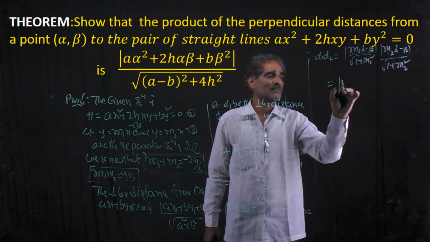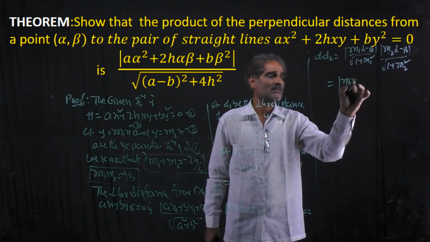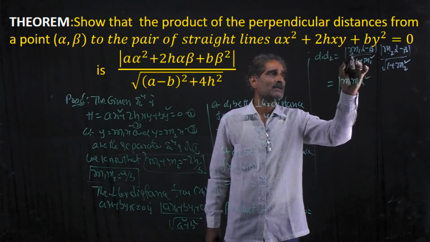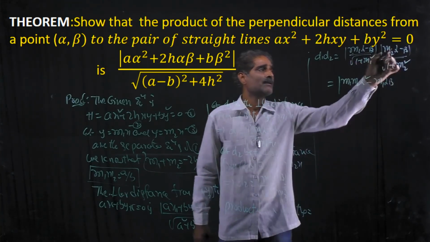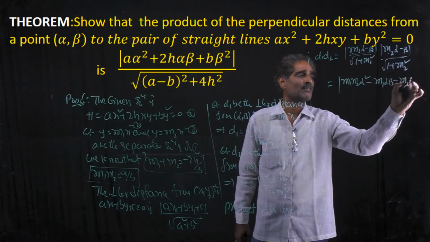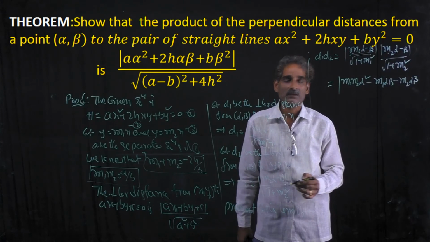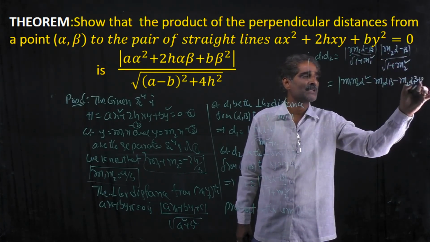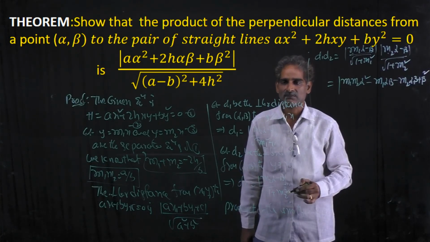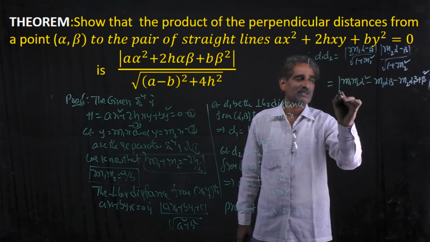m1 m2 α² − m1 αβ − m2 αβ + β². That is the numerator.